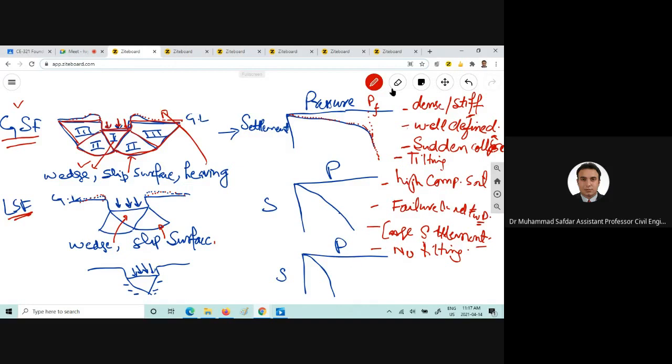Now, let me take another color, the blackish one. So, in very high compressibility soils, we will experience a failure mode which is punching shear. Okay, punching shear failure.